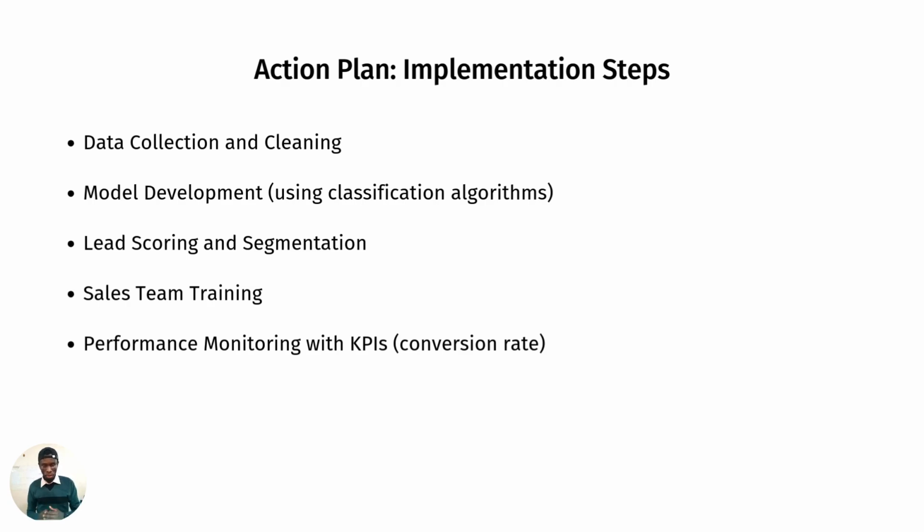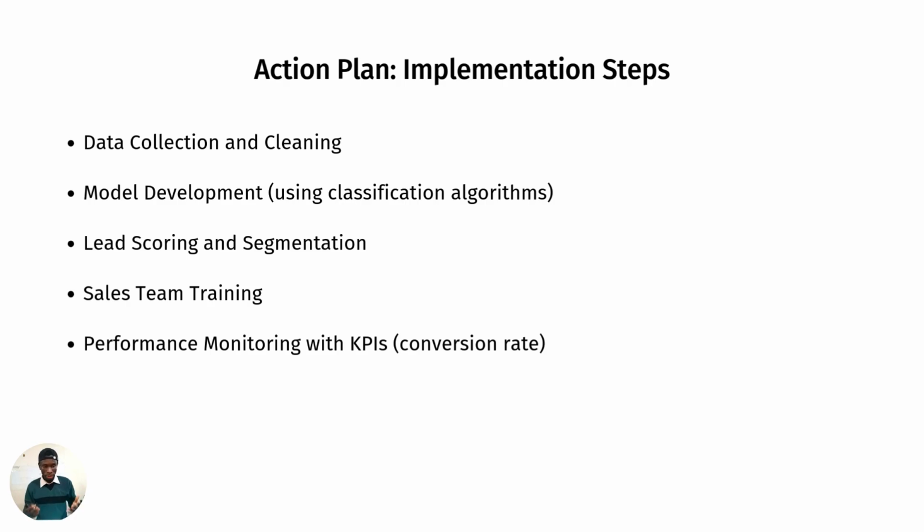After that, we're going to develop the model. We're going to be using classification algorithms so that we're able to classify our leads based on the three classes: the hot lead, the warm lead, and the cold lead. Then that will be the lead scoring segmentation. After that, we are going to include the sales team, integrating this with them to see the different ways we're able to pursue the different prospects based on their likelihood of conversion.